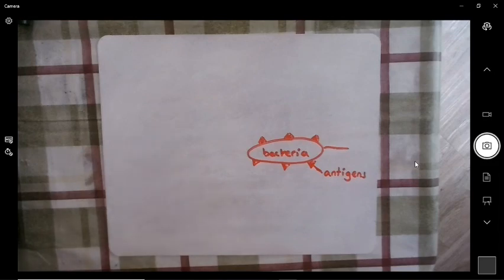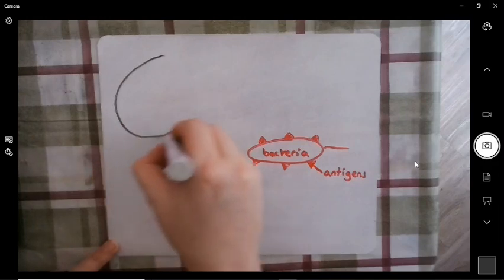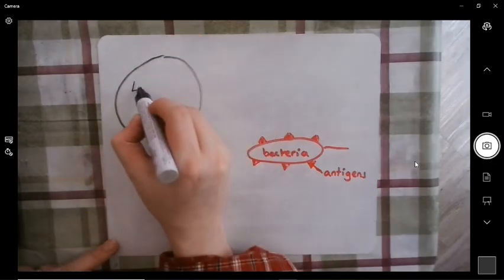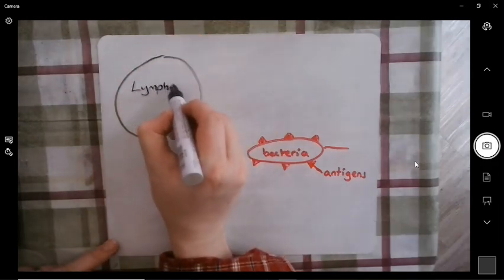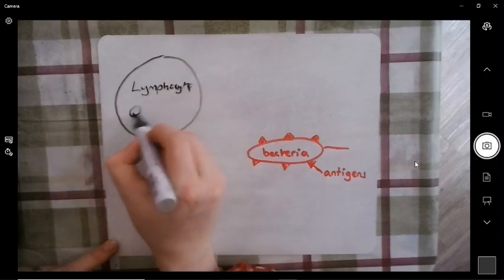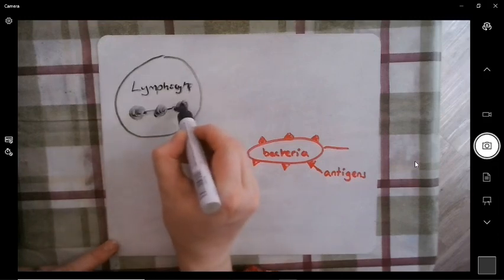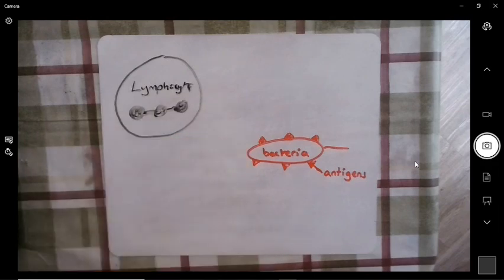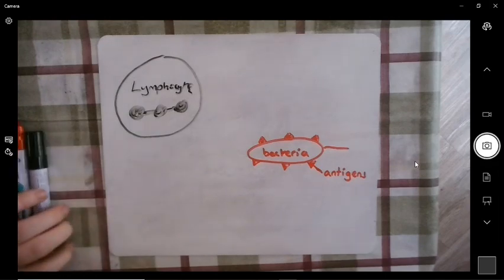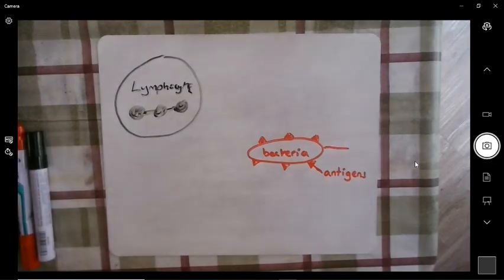The white blood cell, the lymphocyte, I'm going to use a lymphocyte that has a very special lobed nucleus. Learn more about that one at A level. The lymphocyte, as we said before, will make antibodies, which are just little proteins.